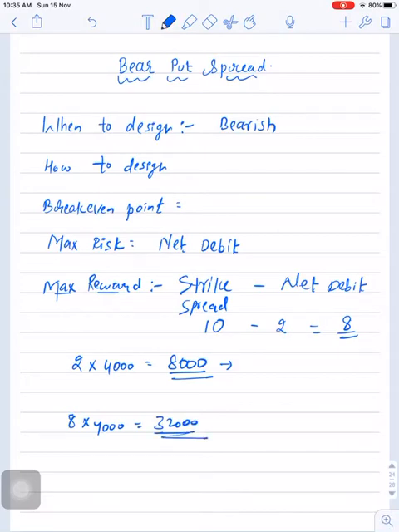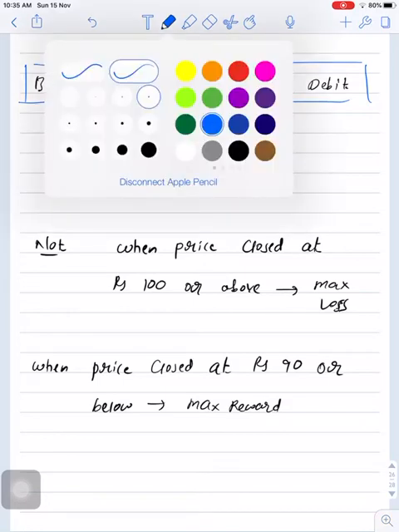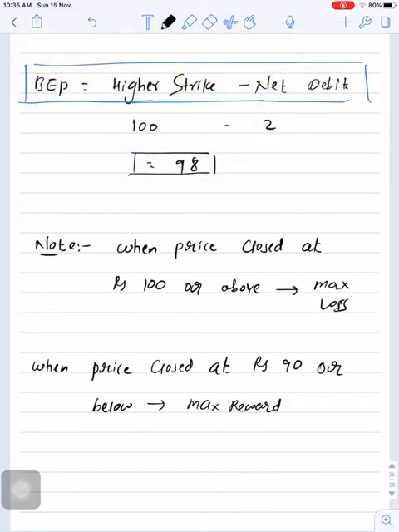Now let's see when this maximum risk and maximum reward will happen. So here you can note down, these are the two important points which I have written here. See, when price closed at rupees 100 or above, then as a trader we will lose 8,000 rupees in this case. When price is closing at higher strike or above on the day of expiry, then as a trader we will lose net debit.